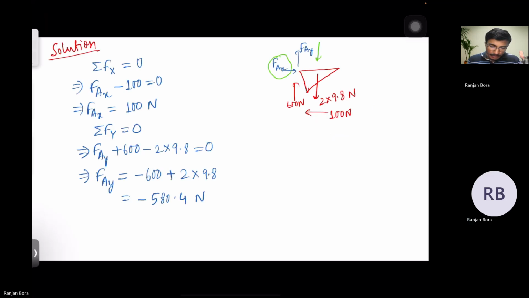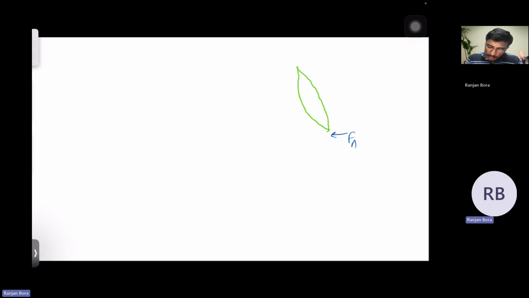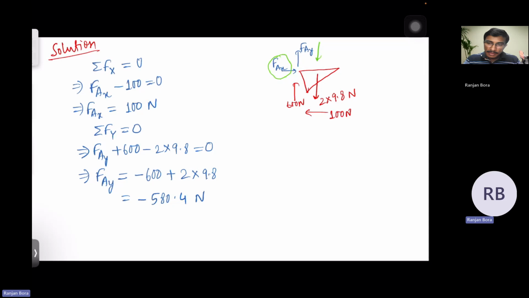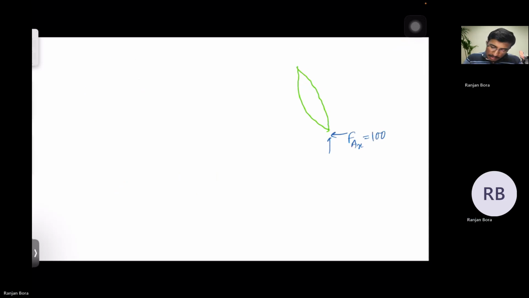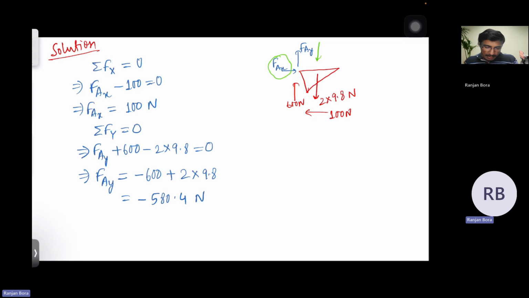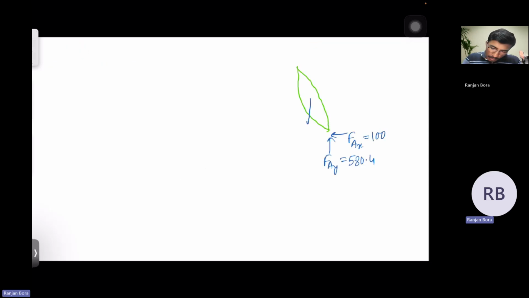So in the leg, this will be in the negative x direction, equal to 100, and since Fy is acting in the foot in the downward direction, in the leg it will act in the upward direction, equal to 580.4, and the mass of this leg is 4 kg. So 4 into 9.8.